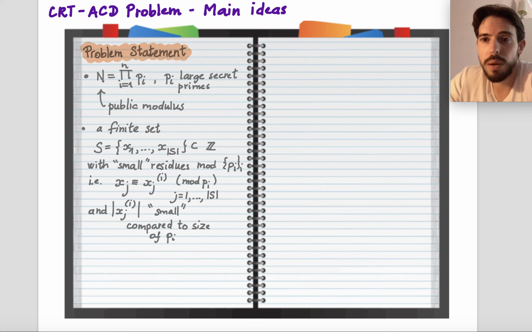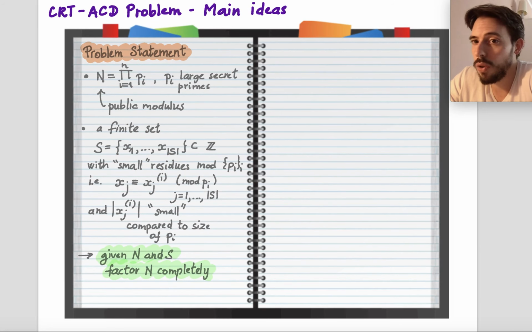And together with this public modulus, we consider a set of integers S with the property that every integer in S reduces modulo these primes to a small residue. By this we mean that the representative in the centered modular set is small compared to the size of the prime. And here, with this data in hand, the problem simply states as follows.